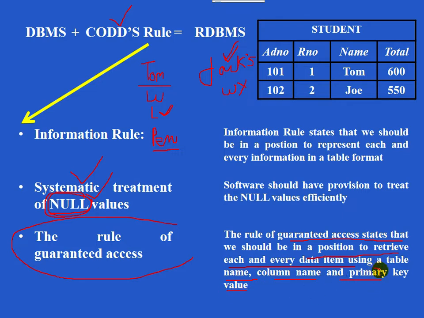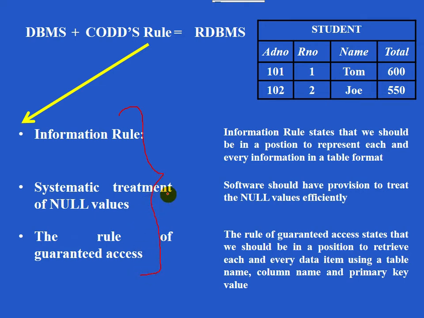What is primary key? That comes in the next section. If you are able to retrieve each and every data item using these three parameters, table name, column name, and a primary key value, we can say that property 3 of Codd's rule is satisfied. Like this, 12 properties are there.